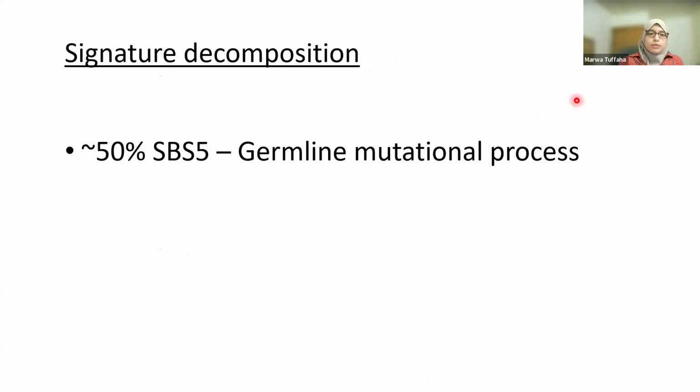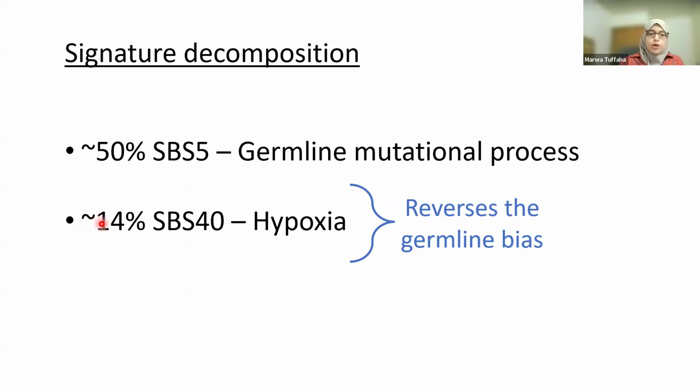We found that about 50% of the mutations are attributed to signature 5, but this is only a germline mutational process. It's not very interesting. What's interesting is that about 14% of the mutations are attributed to signature 40, which very recently got attributed to hypoxia, which we know is very common in cancer.